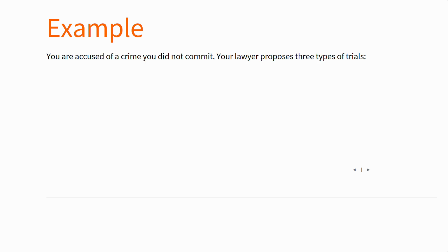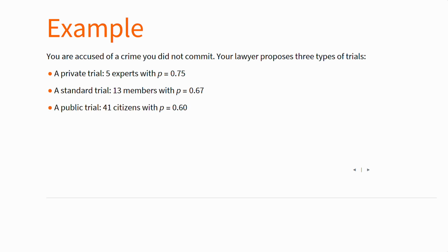Did you know calculating probabilities can help you avoid jail? Okay, let's see the scenario. Let's say you're accused of a crime you didn't commit. You have 3 possible trials. A private trial with 5 experts that have a probability of 0.75 of declaring you not guilty, then a standard trial with 13 members that have a probability of 0.67 of declaring you not guilty, and then finally a public trial with 41 citizens that have each a probability of 0.6 that they would declare you not guilty.